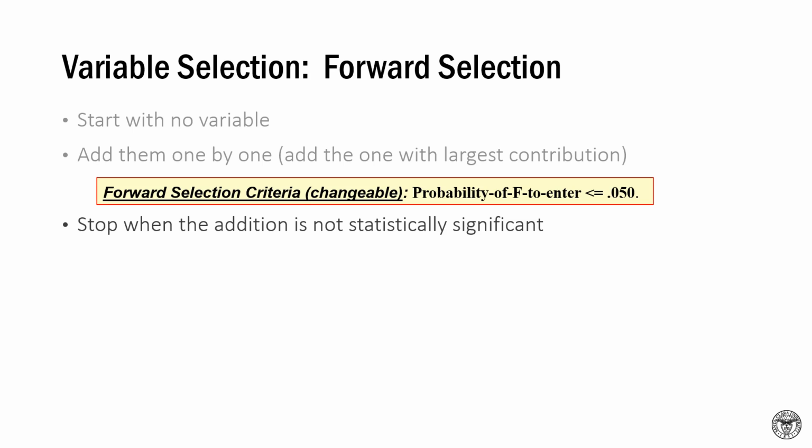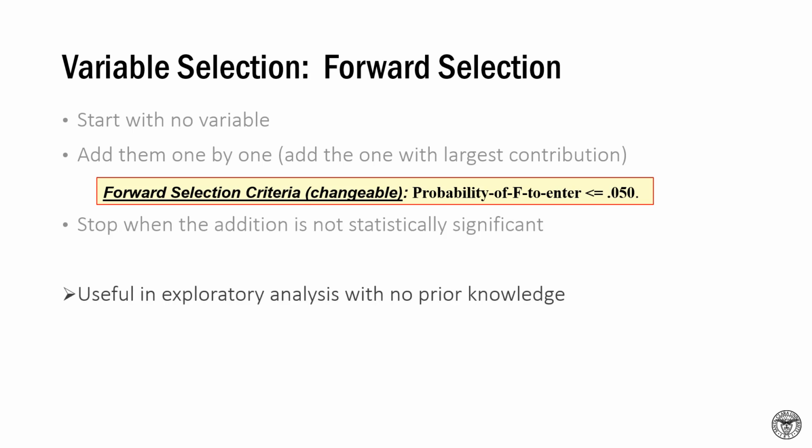Then, additional variables are added to the model one at a time, based on the improvement they bring to the model's fit. This process continues until no further significant improvement is made to the model, or until all relevant variables have been included.